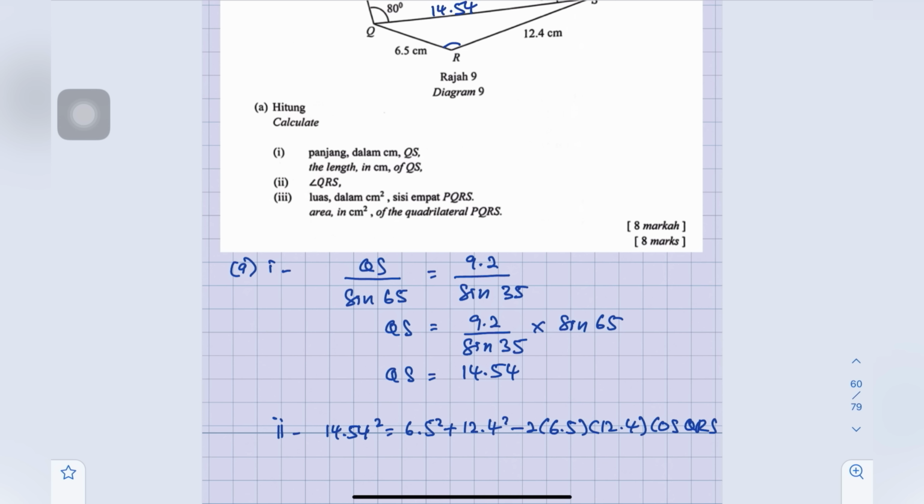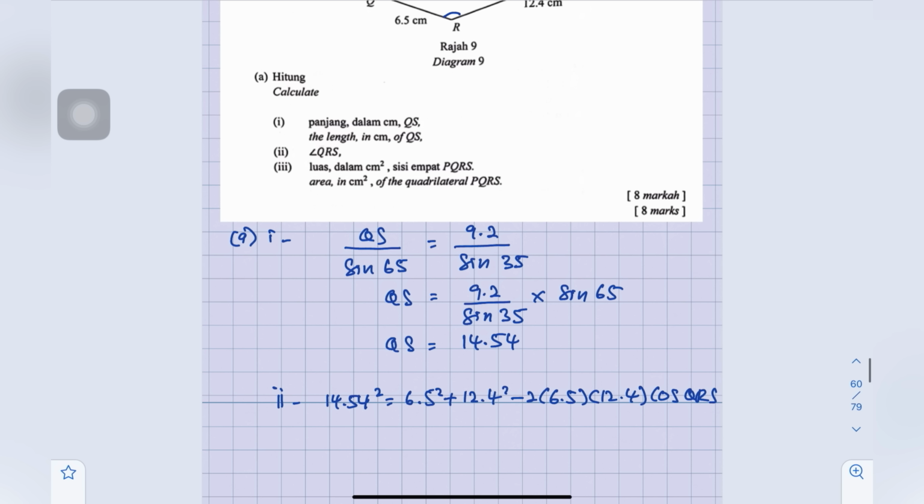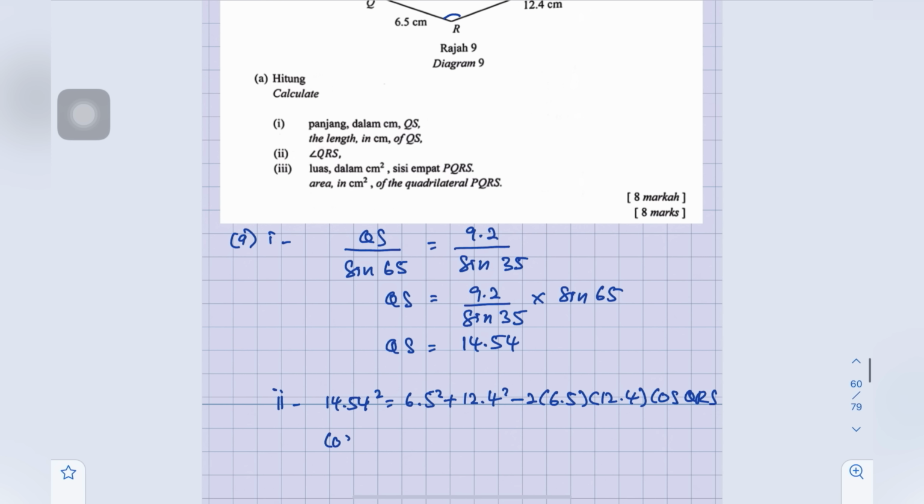Okay, so then cos QRS equals 6.5 squared plus 12.4 squared minus 14.54 squared over, this one we must put bracket, 2 times 6.5 times 12.4.